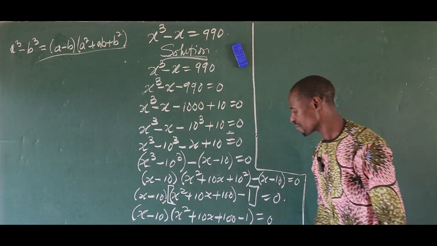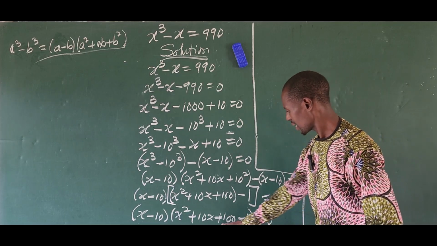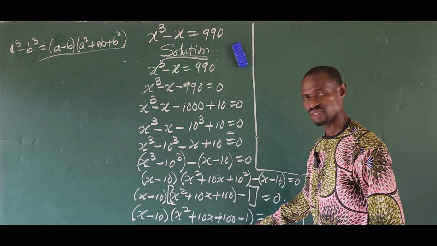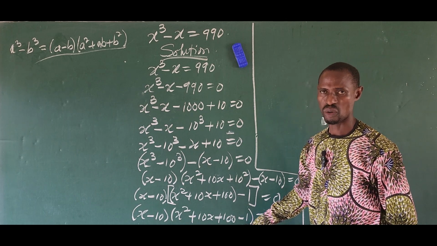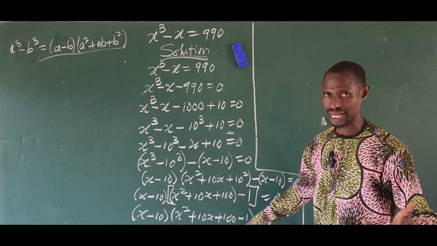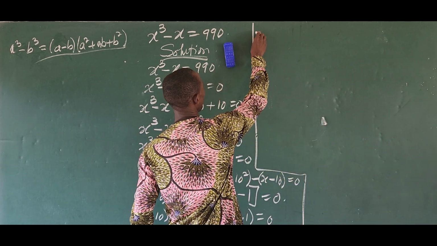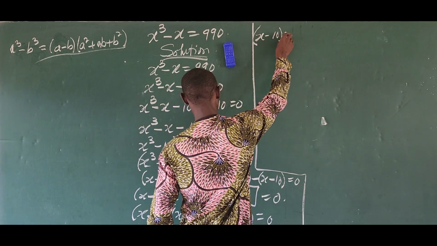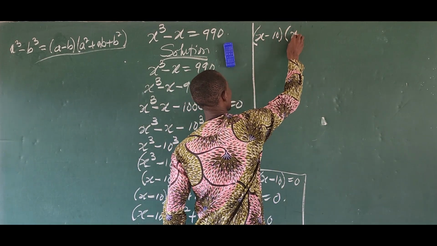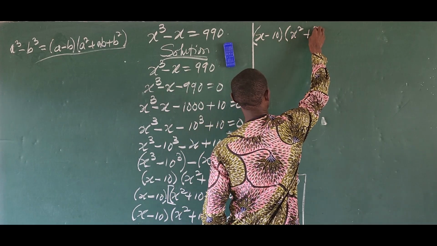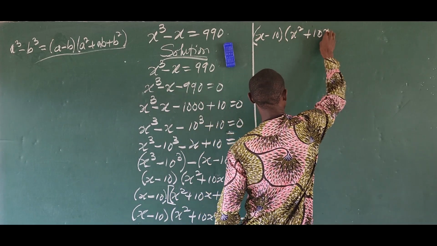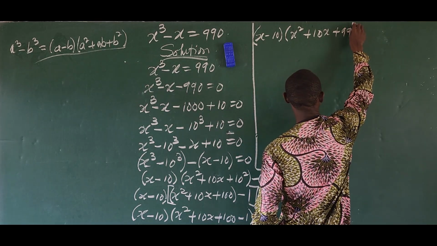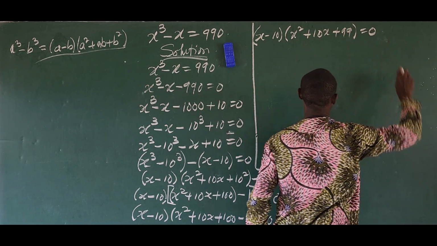Now from here, we can carry out this operation, which is plus 100 minus 1. Plus 100 minus 1 will give us 99, right? Good. So this is going to give us x minus 10, then close bracket, then bracket x to the power of 2 plus our 10x, then plus our 99 close bracket equal to 0.